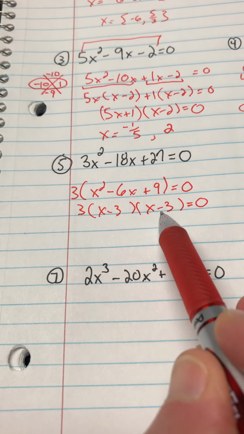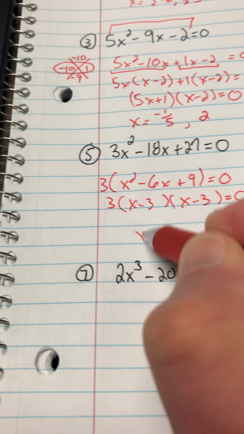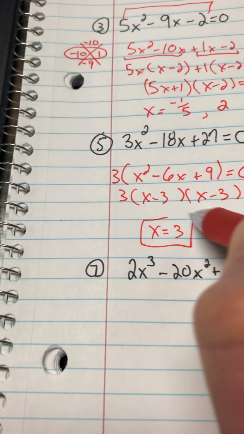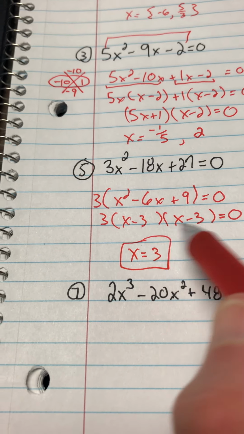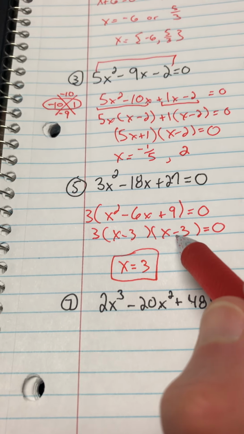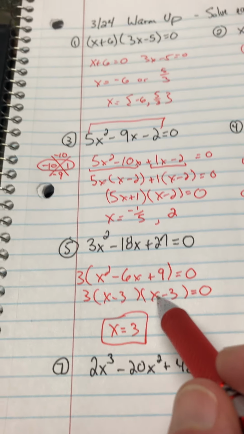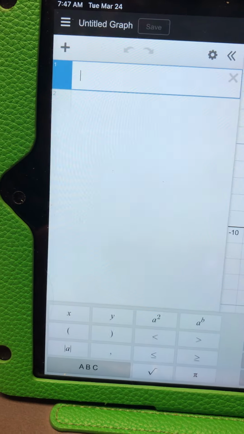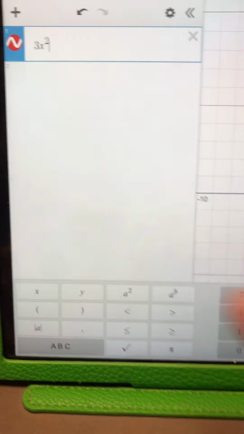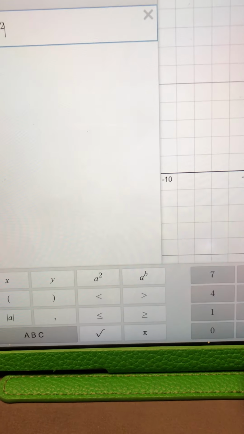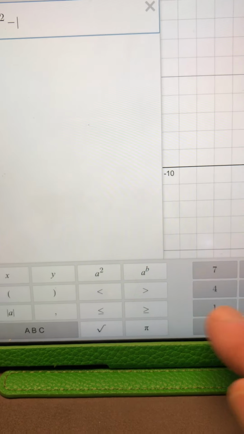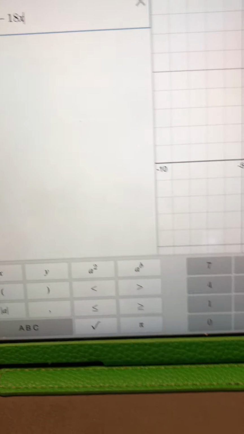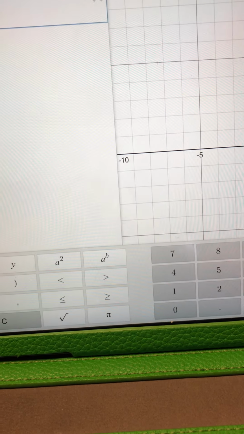So either this is 0 or this is 0. In this case, x equals 3 is the only solution. Just to show you how you can check this too on Desmos, if I typed in that quadratic, it was 3x squared minus 18x plus 27.